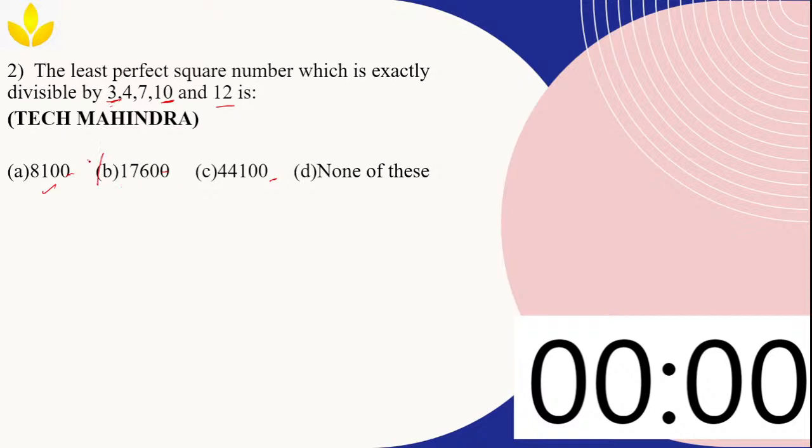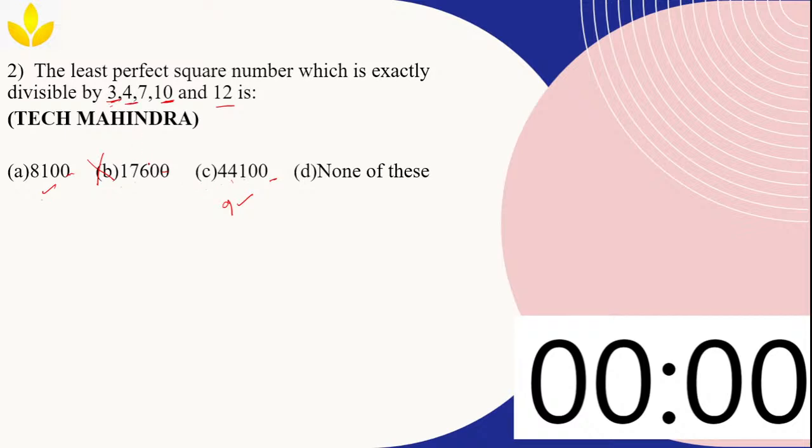So option B is eliminated here itself. Yes, Umesh Nayak is saying the answer is C. Now, 4 plus 4 is 8, 8 plus 1 is 9, and 9 is divisible by 3. So we are left with option A or option C; one of them is correct.